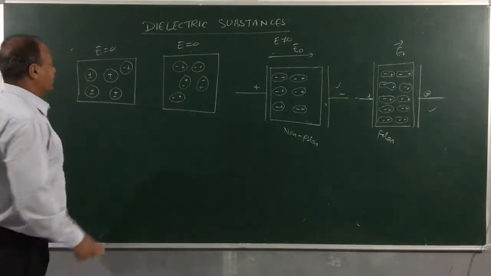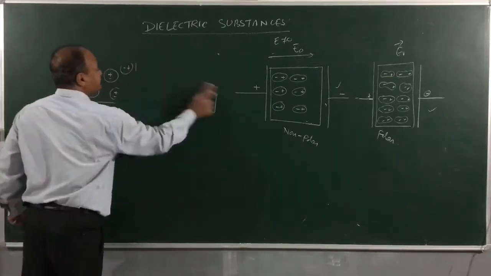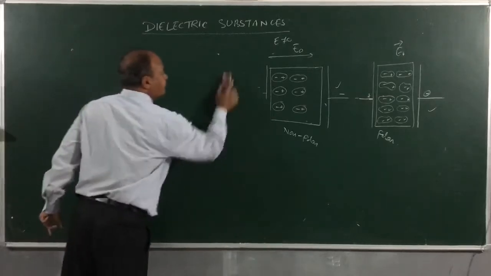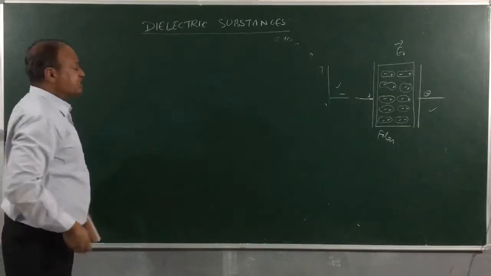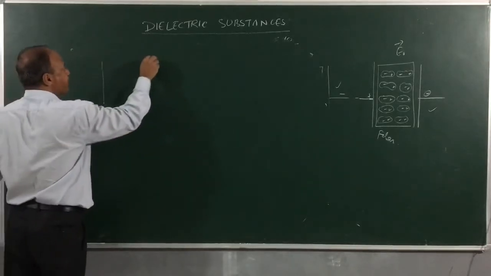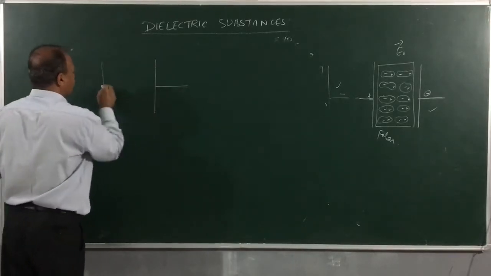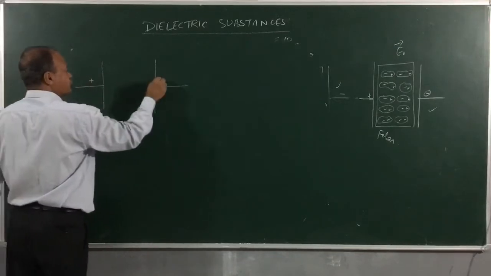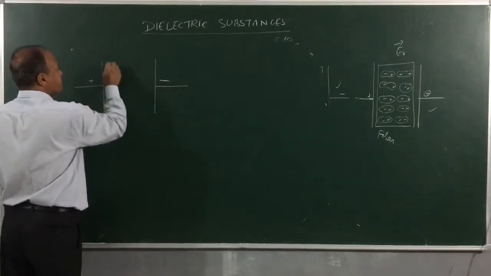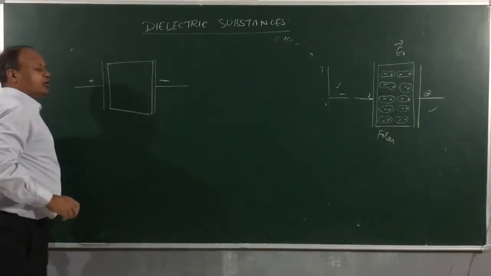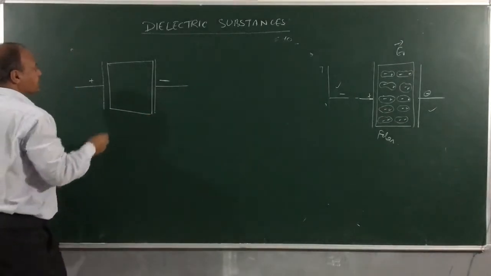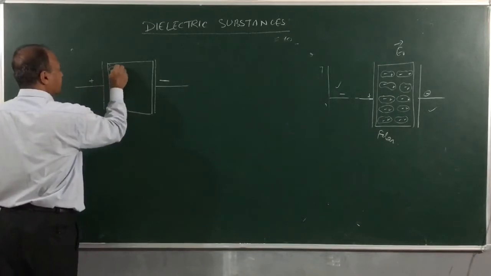So let's see in a nutshell what exactly is happening. We can summarize our discussion with a single diagram like this. This is a plate. Between the two plates happens the dielectric slab here. And then the molecules are being polarized like this.